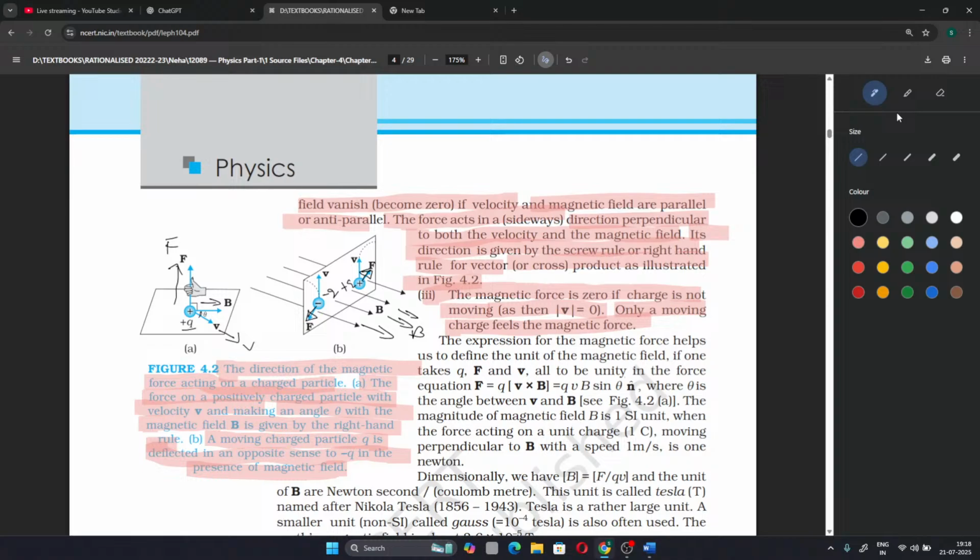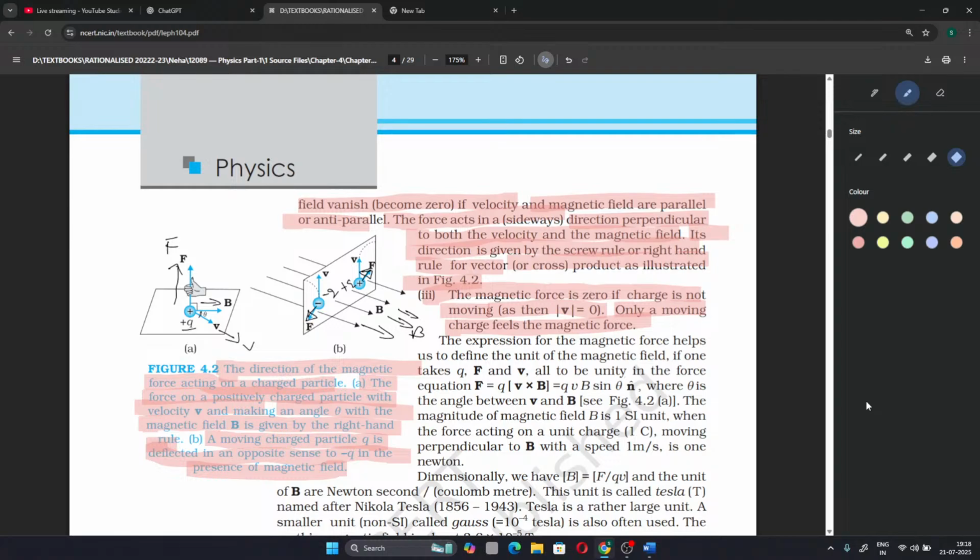And the third feature is that the magnetic force is always zero if the charge is not moving. If it's a static charge, then the magnitude of velocity will be zero, and there is no direction because it's not moving at all. The velocity is zero.